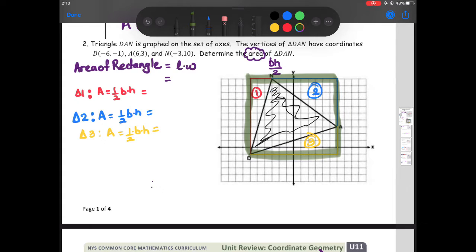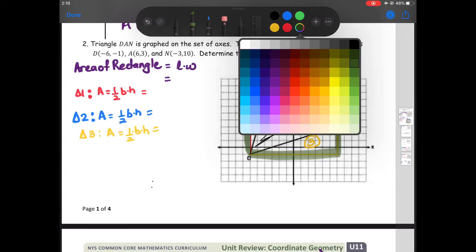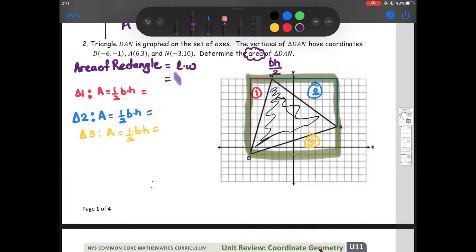So what's my length? My length is 11. 11 times 12, right? Which is 132 square units. Okay, so now similarly, I'm going to find the area of each triangle.